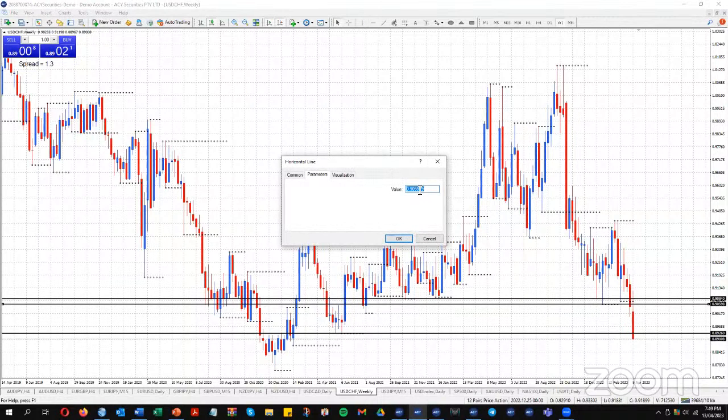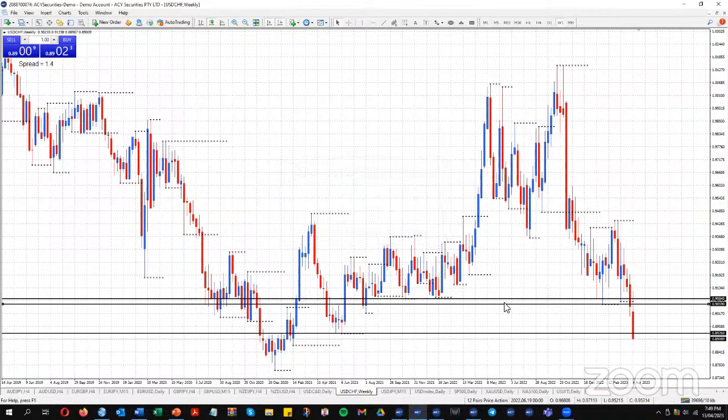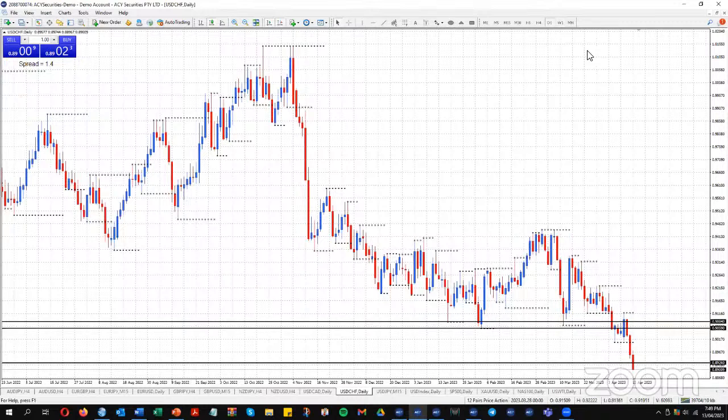90.59. A rally back to that area for a sell could be an opportunity if we're seeing continued US dollar weakness. But you can see that's well overextended. If we're talking about movements within the ranges, the downward movements, you have a movement down there, and then we have a rally.